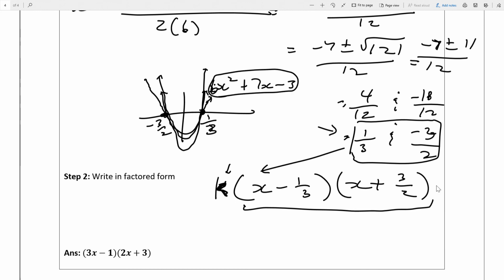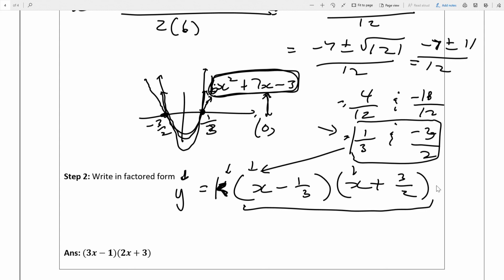And how do you find this k? What you can do is sub in y and x for this equation and then solve for k. And make sure that the y and x, the coordinate xy that you use, is a coordinate on the original graph, on the original equation. So the y and x that we can use is maybe 0 to make it easy.